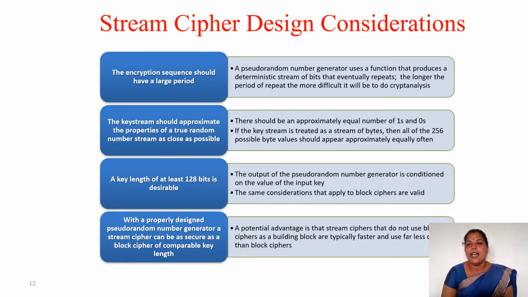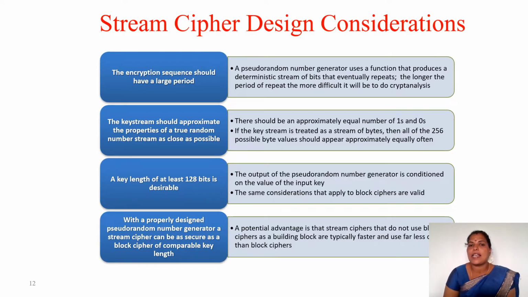Why do we say the encryption sequence should have a large period? If we have a large period, then the cryptanalyst can't easily perform any attack, or the attacker or opponent can't easily extract the plaintext or the key. So that is why we want the large period.